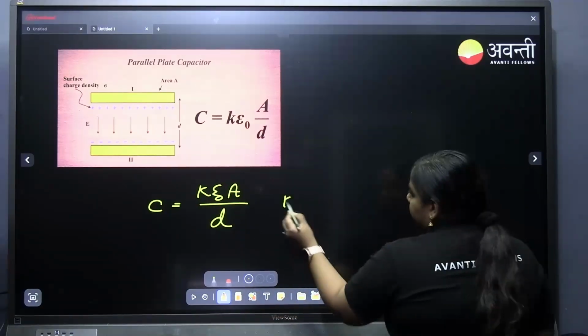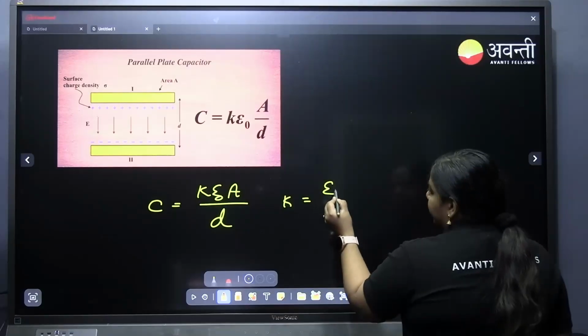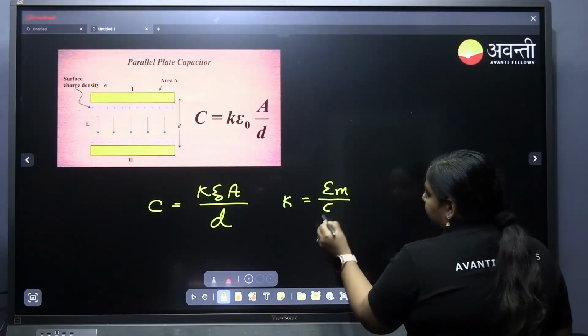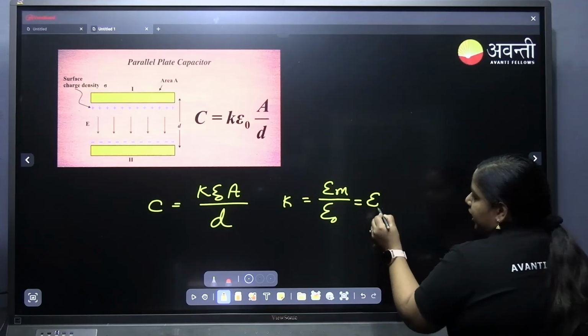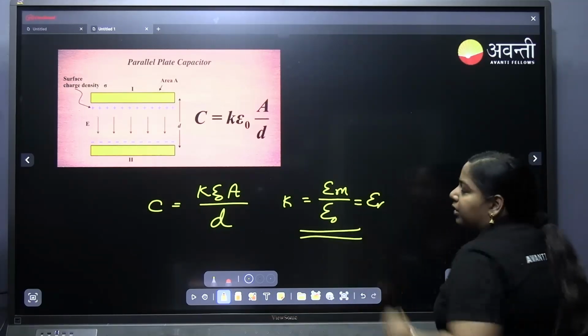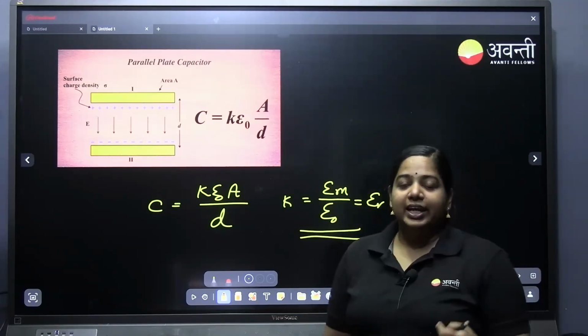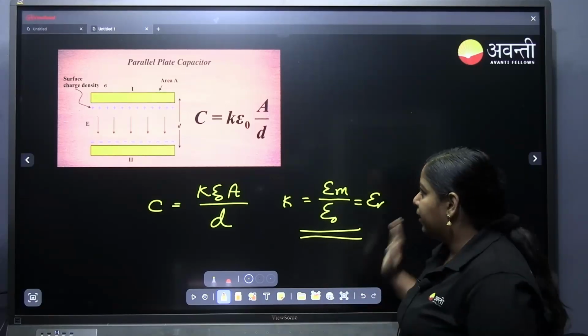Dielectric constant can also be called relative permittivity, that is epsilon m by epsilon naught, which is epsilon R. Dielectric constant is the same as relative permittivity, keep that in mind.